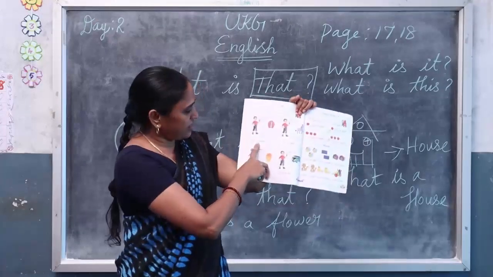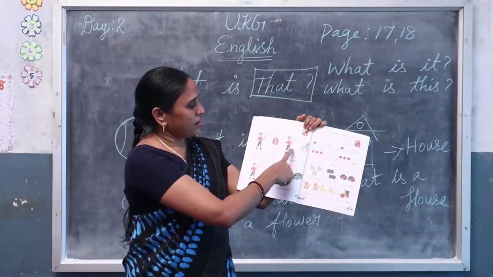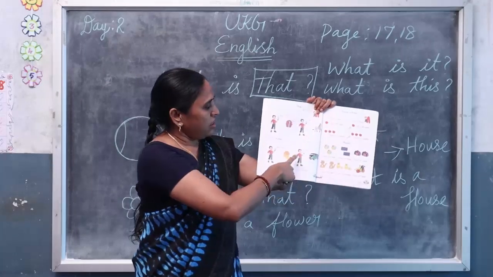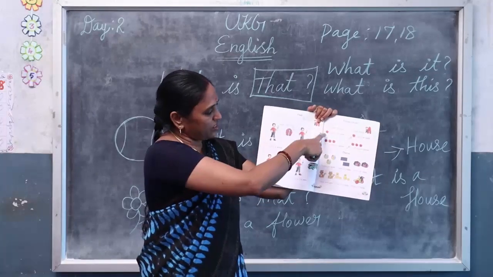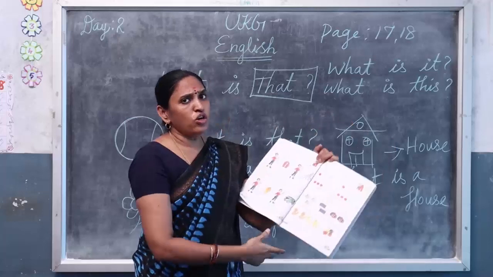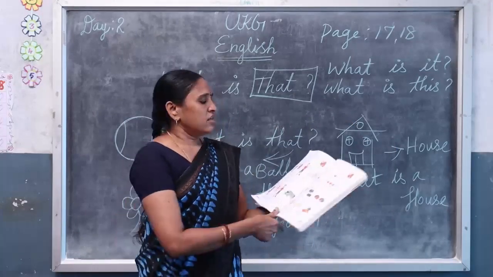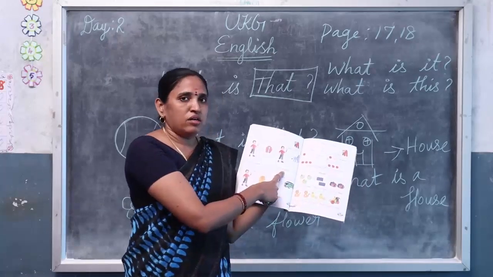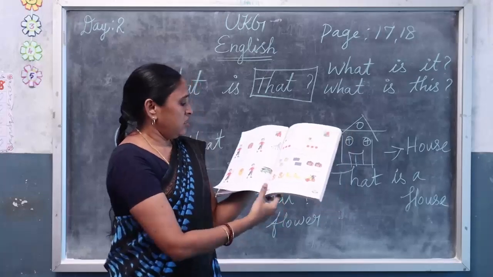Then the second picture, the boy says the question. What is that? The picture is a zebra. So start with your answer to me. That is a zebra. Okay, understand? That is a zebra.